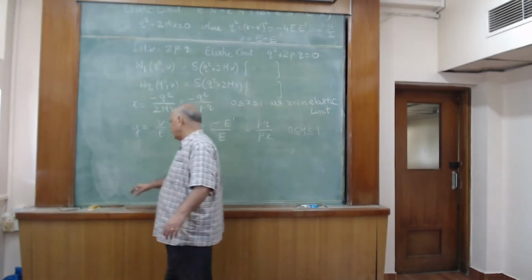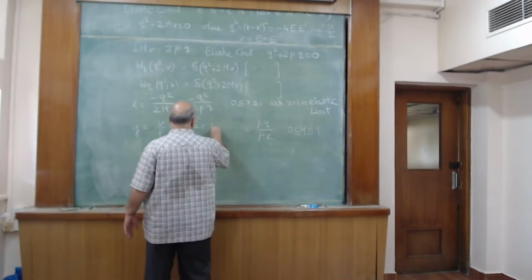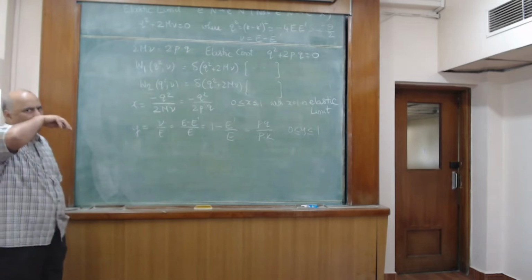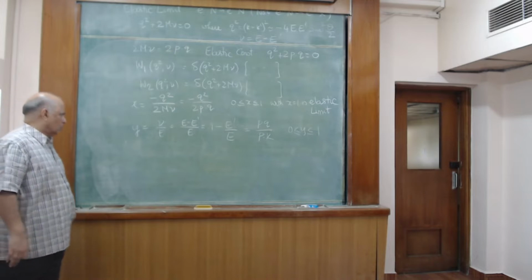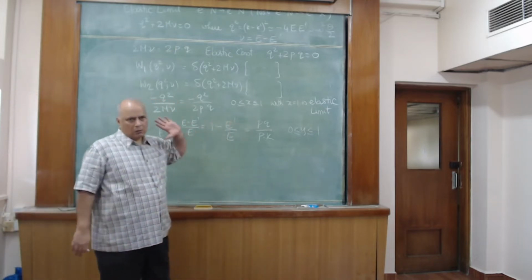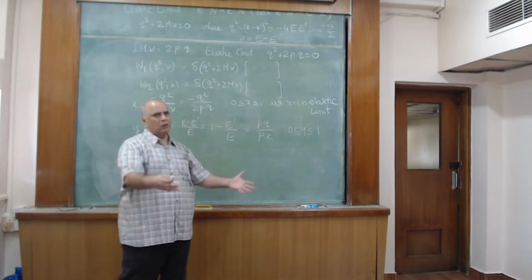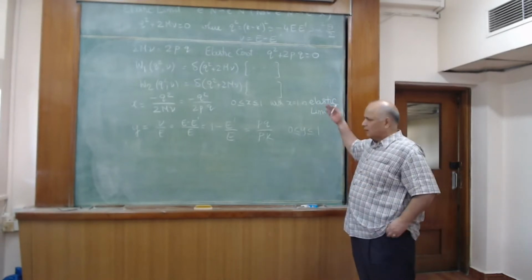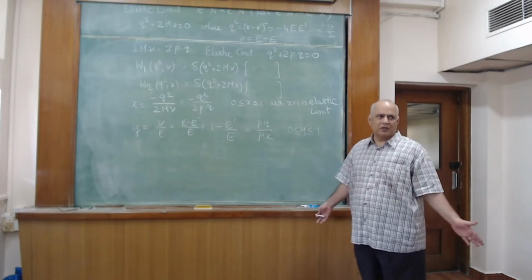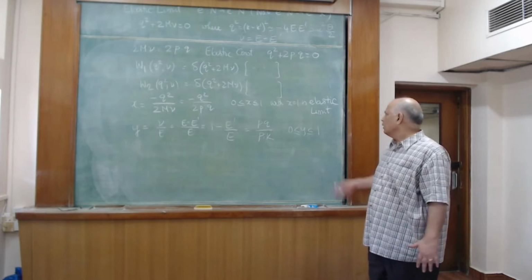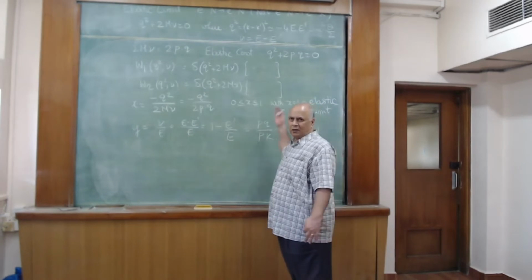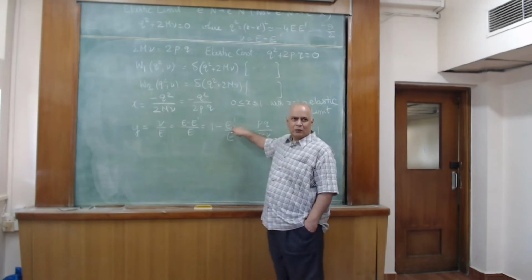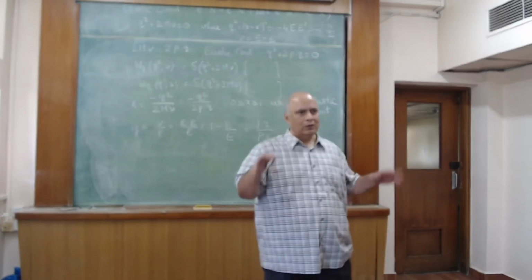What did I write here? y equal to 1 means E prime equal to 0, which means the final electron is at rest.